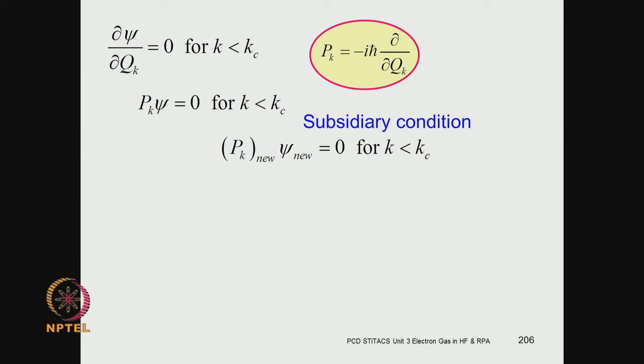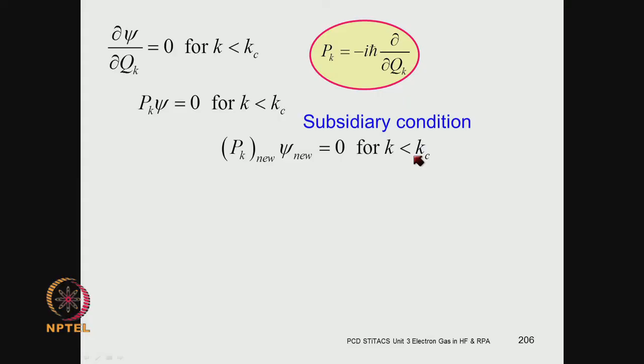The momentum operator operating on the wave function vanishes, and this relation will hold good in the new transformed system as well. So, you have got p_k psi under transformation p_k nu and psi nu when the wave function is transformed by the same unitary transformation.